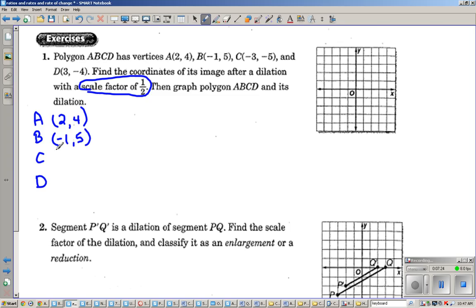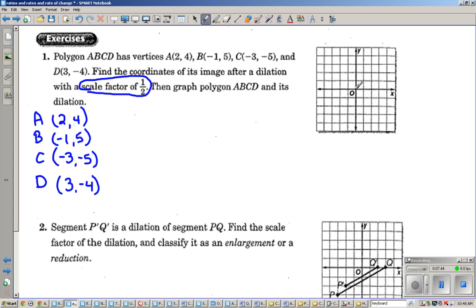Your B is negative 1, 5, C is negative 3, negative 5, and D is 3, negative 4. You're going to plot those, connect the ordered pairs, and then find out what your new ones would be. I'll give you some time to work.